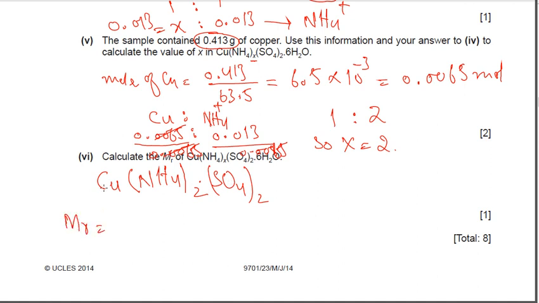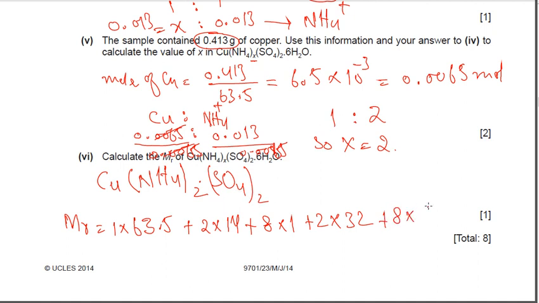For the Mr, we know that one copper atom times its atomic mass, which is 63.5, plus we have two nitrogen atoms times the Ar of nitrogen 14, plus 8 hydrogen atoms times the Ar of hydrogen 1, plus 2 sulfur atoms times the Ar of sulfur, which is 32, plus 8 oxygen atoms, 4 times 2, times the Ar of oxygen, which is 16.